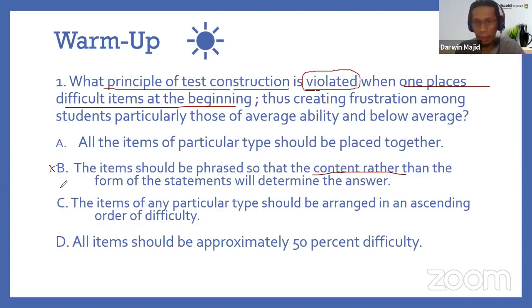Okay? Next to be eliminated. What is the next one we will eliminate? Sir Richard, what is the next one we will eliminate? Letter A, sir? Okay. Why do we eliminate letter A?